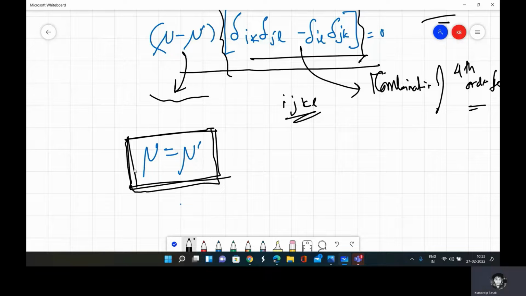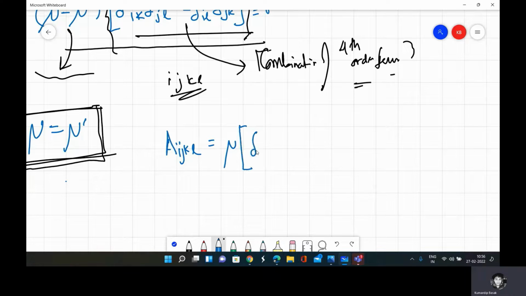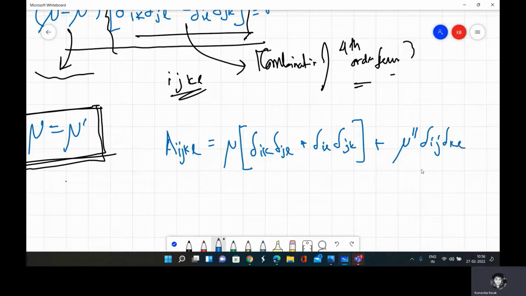Therefore we can now write Aijkl as mu, taking it as common, delta ik delta jl plus delta il delta jk, plus, let's say, mu double prime with delta ij delta kl.